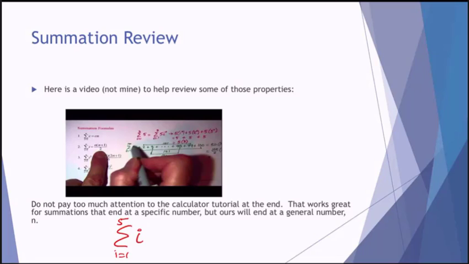Of course, we are in calc though, so this is going to end at n. So the calculator tutorial isn't helpful, but the walkthrough of the properties is. So I will post that separately. Feel free to watch this video if you'd like a little more review or a little more practice in those properties than what we are about to do in our examples.